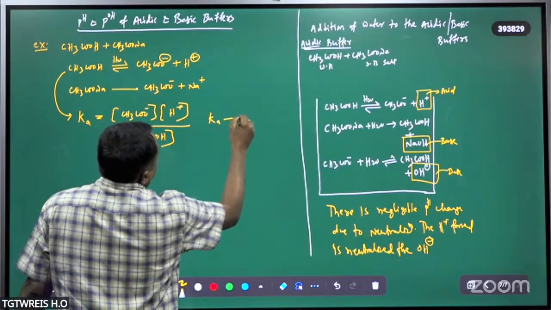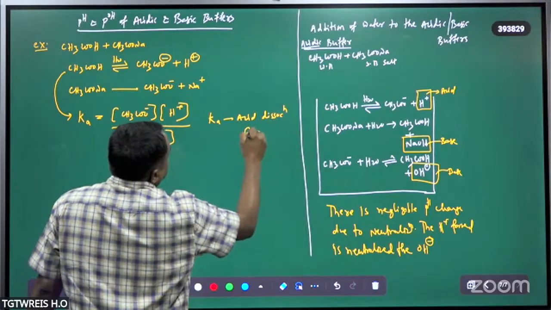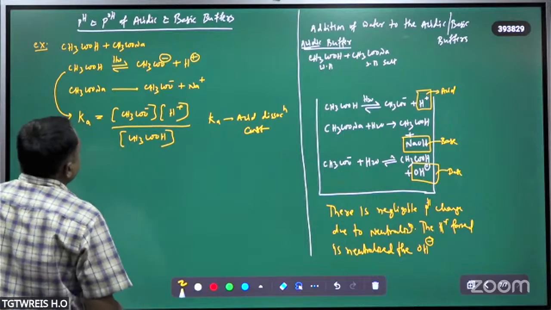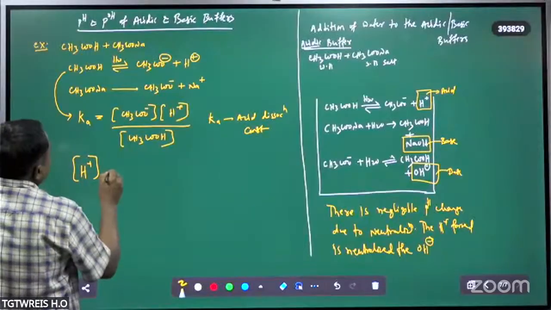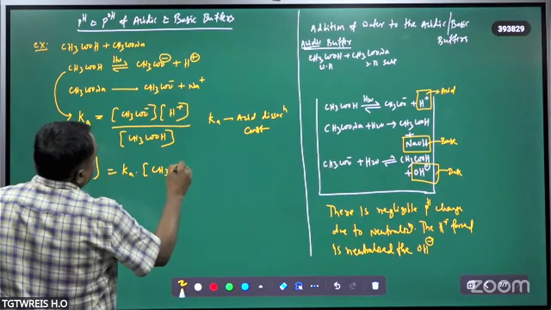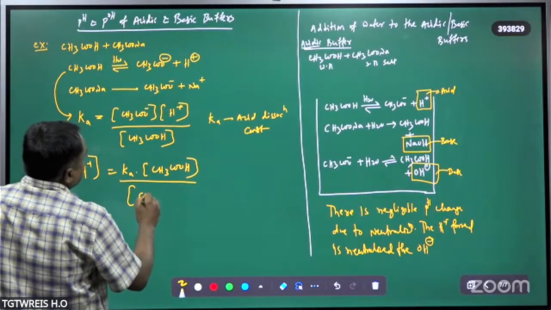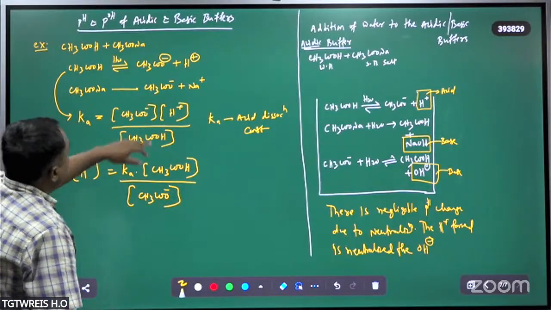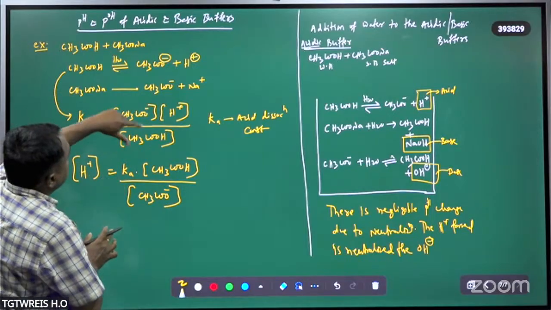So from this you write H plus is equal to Ka into CH3COOH by CH3COO minus, by cross multiplication.